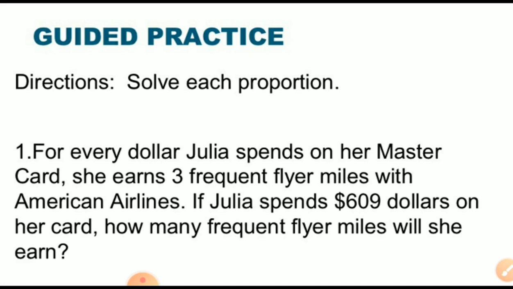I am taking this example for understanding. Here in India also we have these types of schemes. If we buy this much from Big Bazaar or Amazon, they provide us some points. Yes. So how much is she getting? She earns 3 frequent flyer miles with American Airlines for every dollar.